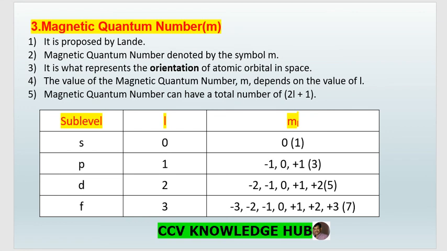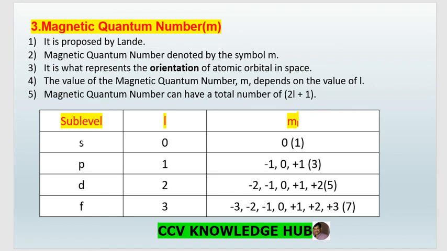It represents the orientation of atomic orbitals in space. The m values always depend on the L value, the azimuthal quantum number. Let's see what exactly that is. For the magnetic quantum number, we can have a total of 2l plus 1 values.